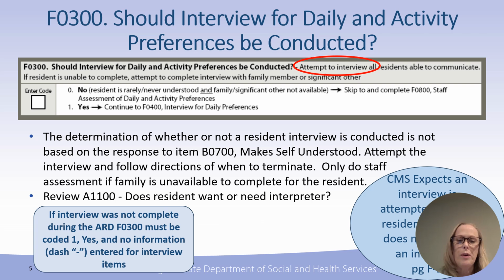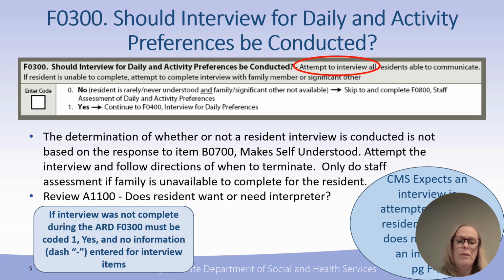Whether or not a resident interview is conducted is not based on the response to B0700, which we talked about earlier, make self-understood. Attempt the interview and follow the directions of when to terminate. Only do the staff assessment if family is unavailable to complete for the resident.